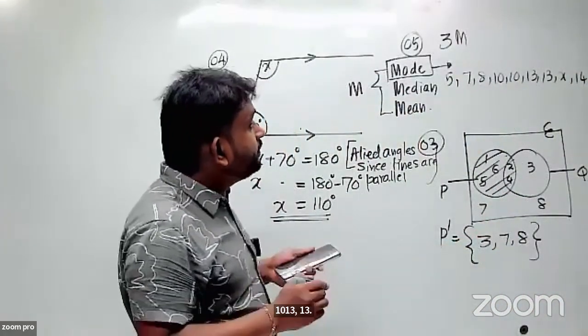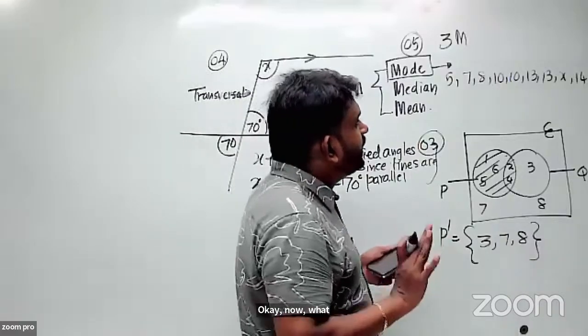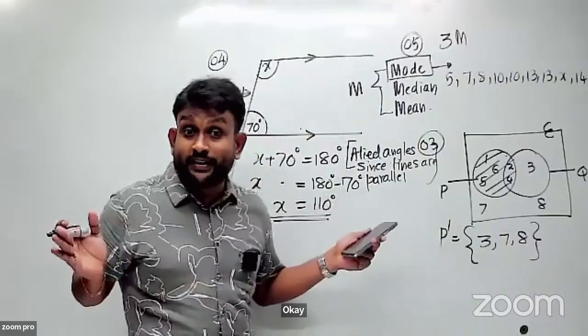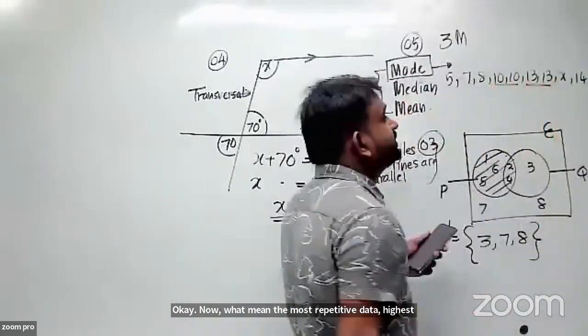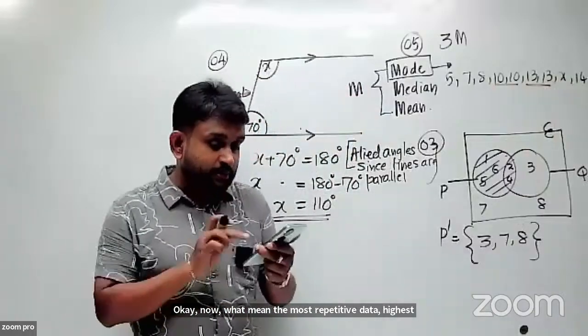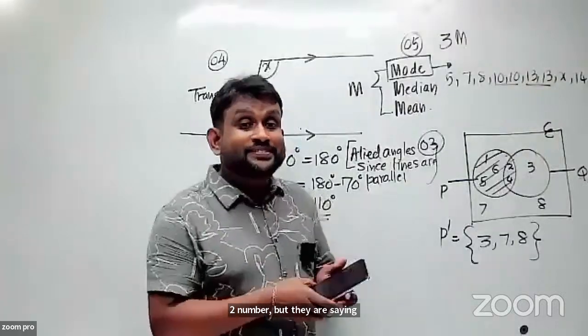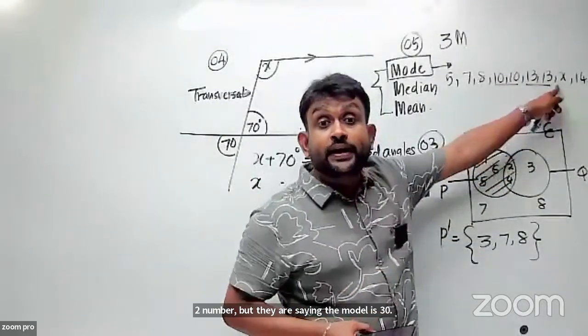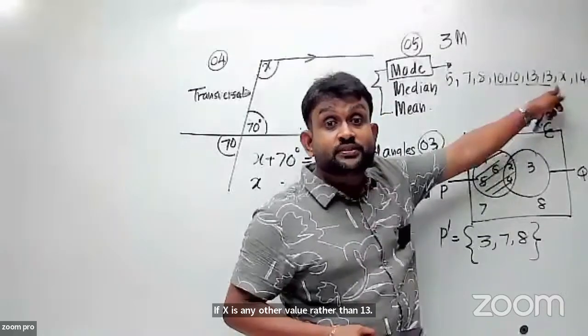Now mod means the most repetitive data, highest frequency data. Without considering X, you can see there are two 10s as well as two 13s. But they are saying the mod is 13. If X is any other value rather than 13, then they cannot say that the mod is 13. Why?